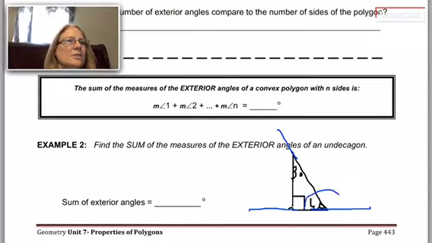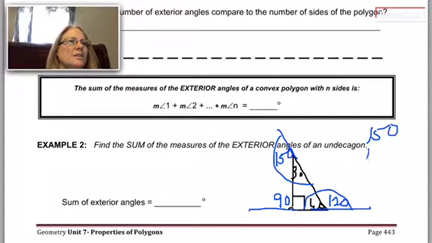Here's my straight line. If the interior angle is 60, this has to be 120. The interior angle here is 30, so this has to be 150. And this is 90, so this one is 90. And if you add 150, 120, and 90, you get 360.